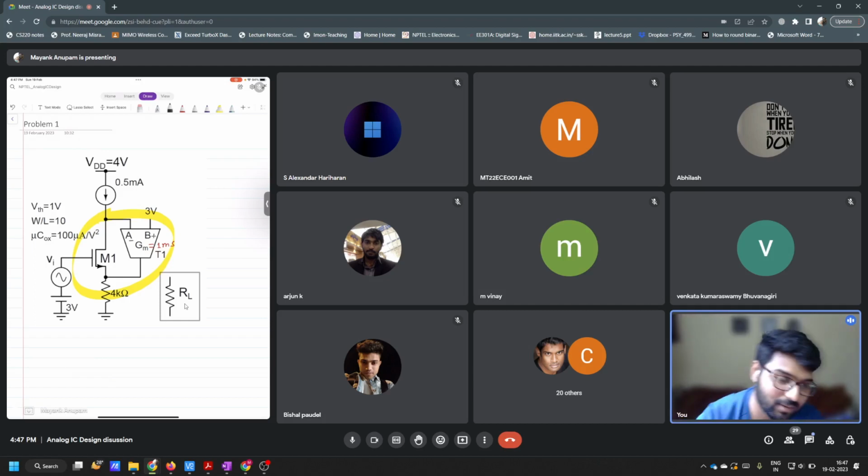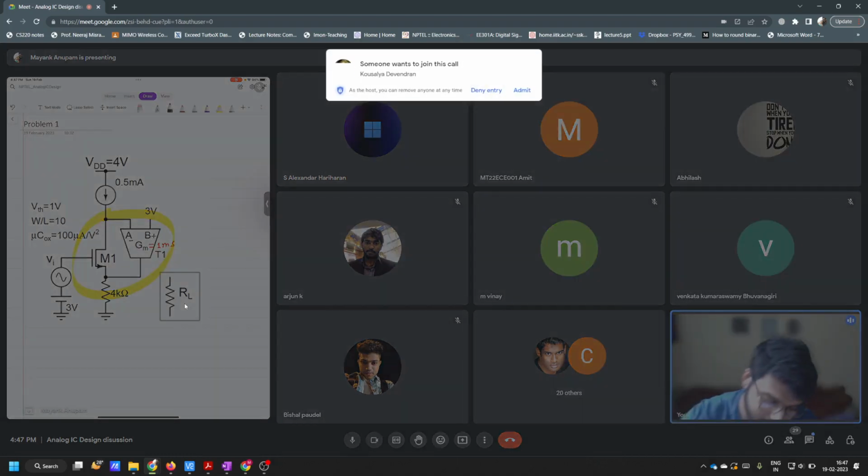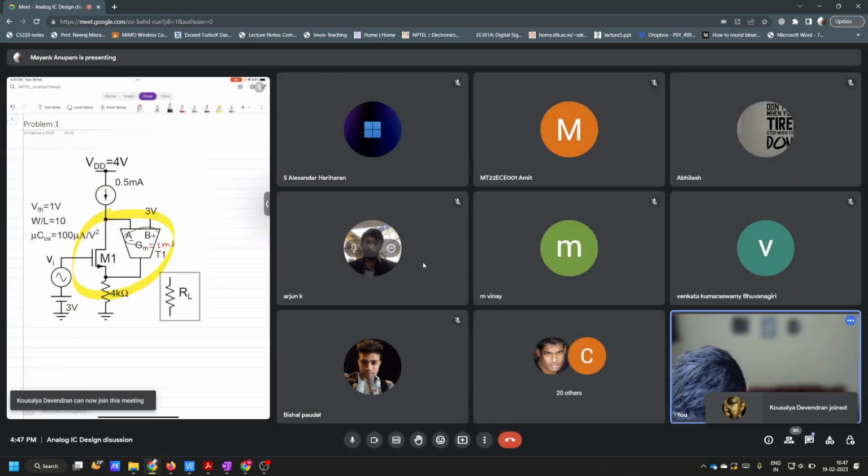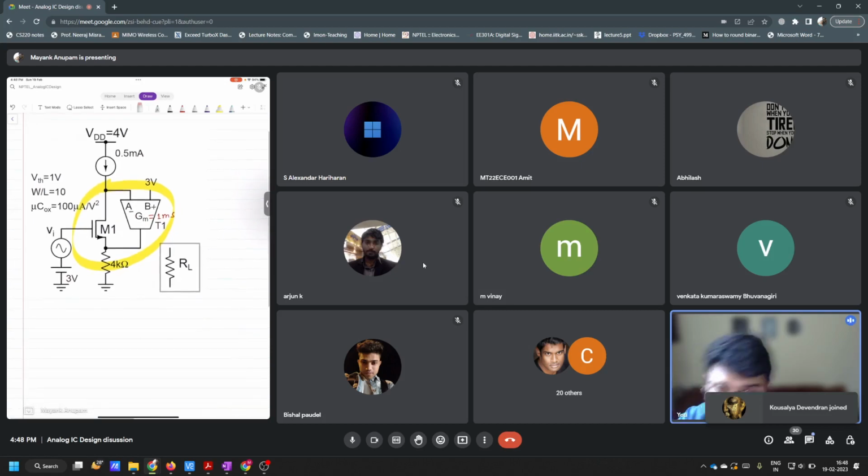Does anyone else have any other answer? The person who said A should be minus and B should be plus, your logic was that this op amp should be connected in negative feedback, right?